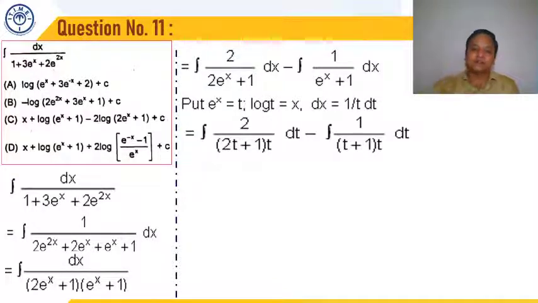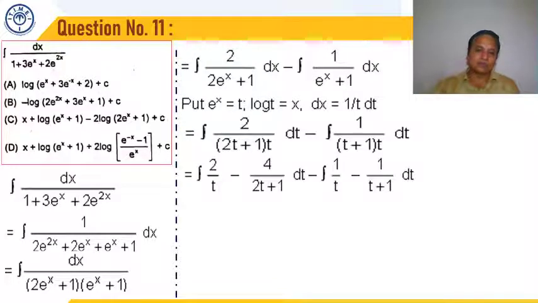You can again apply partial fractions. We break both integrals into two different parts. It's 2 upon t minus 4 upon 2t plus 1 dt. And the second integral has denominator t into t plus 1. Their difference is 1, which is present in the numerator, so it can be straight away split into two parts, 1 by t minus 1 upon t plus 1.